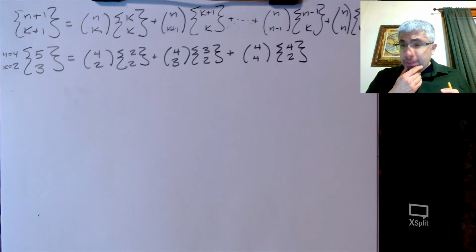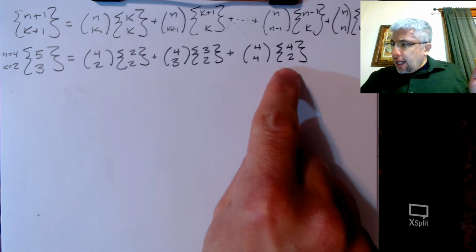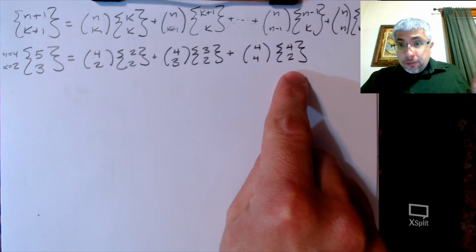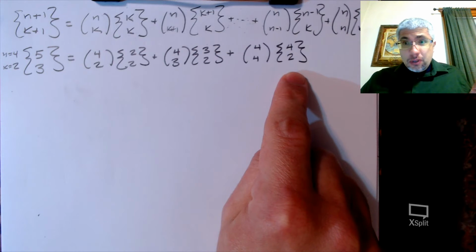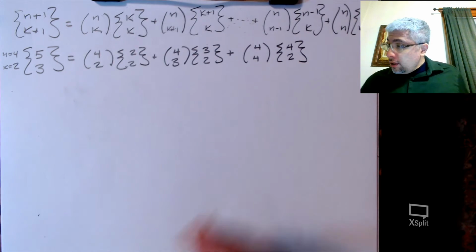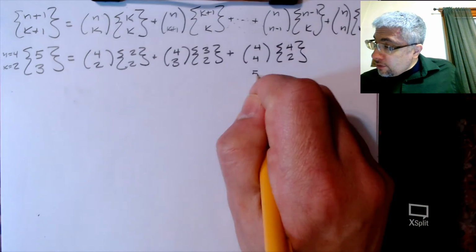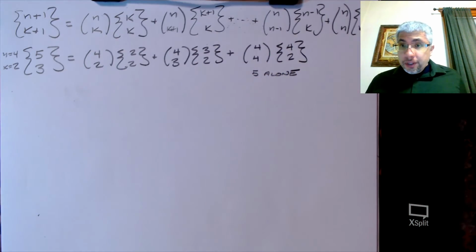Well, that would be everything that's left that's not 5. And what am I doing? I'm splitting those 4 into 2 different subsets. This would correspond to the 5 being alone. So I could think about this as the 5 being alone. And this could be all the different ways that I could split the other 4 into 2 subsets.